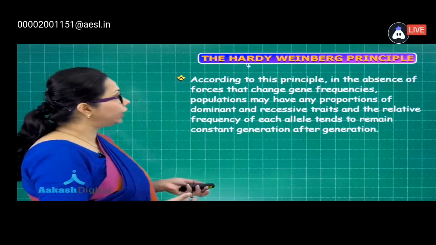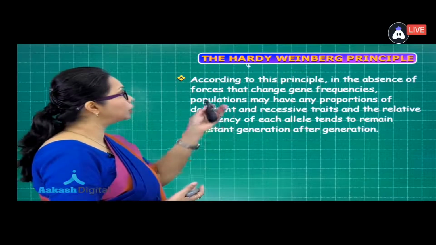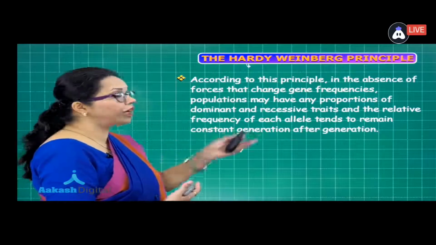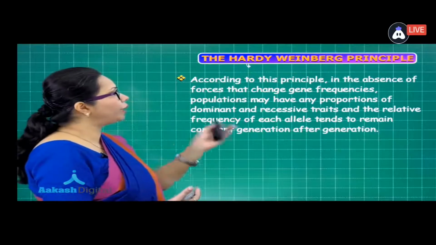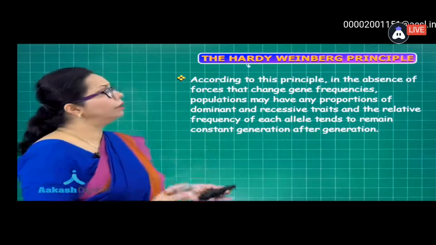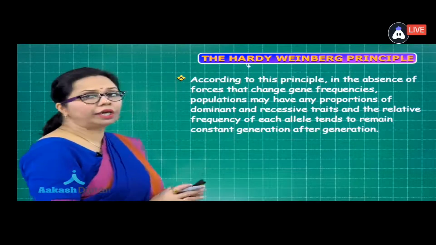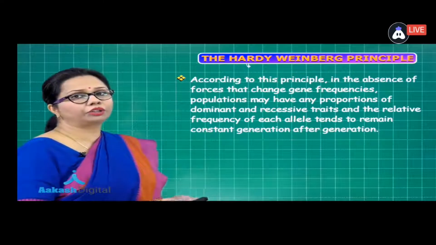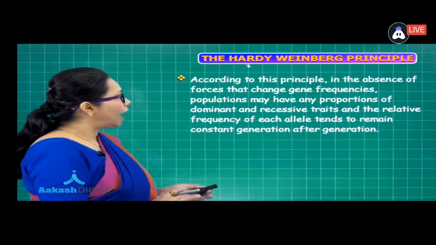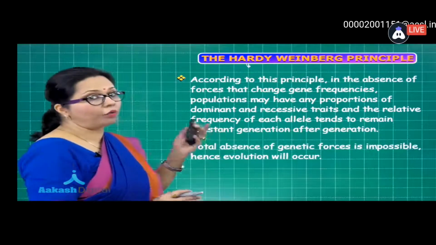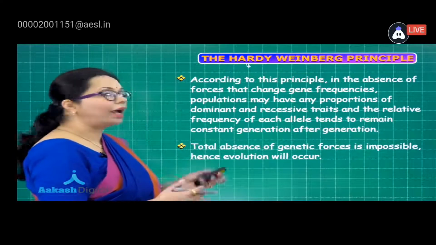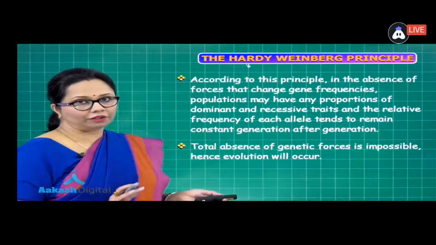And we can state this principle that in the absence of the forces that we just now mentioned, which can change gene frequencies, a population may have any proportion of dominant and recessive traits which are going to remain constant generation after generation. However, total absence of genetic forces is impossible, hence evolution will always occur.